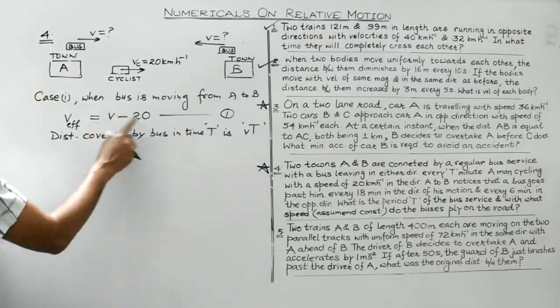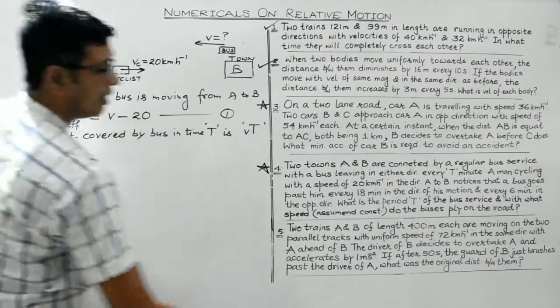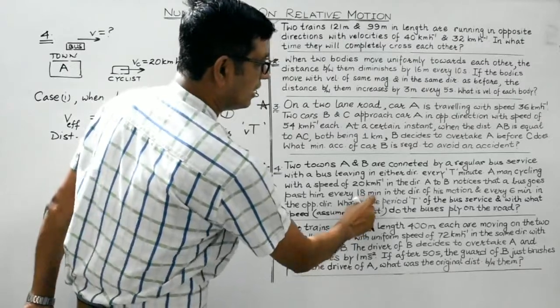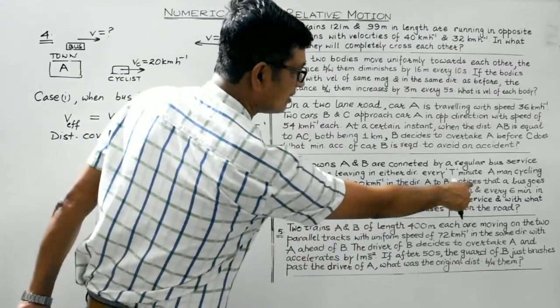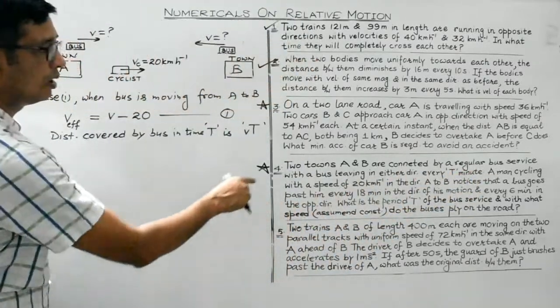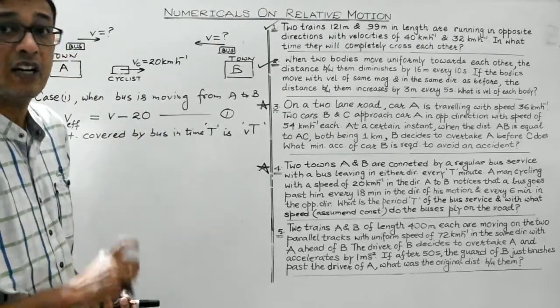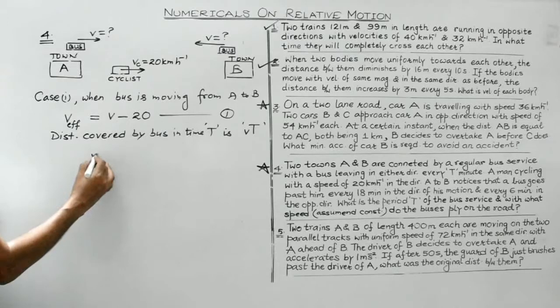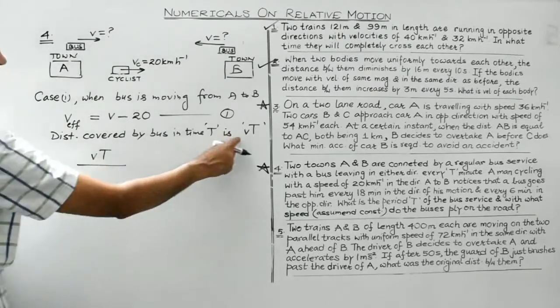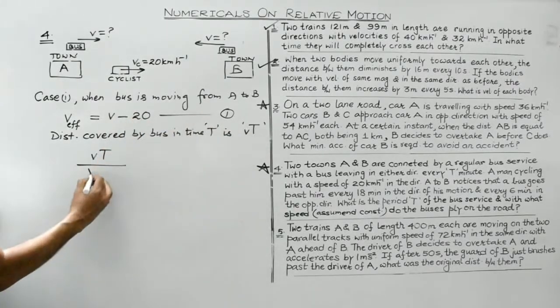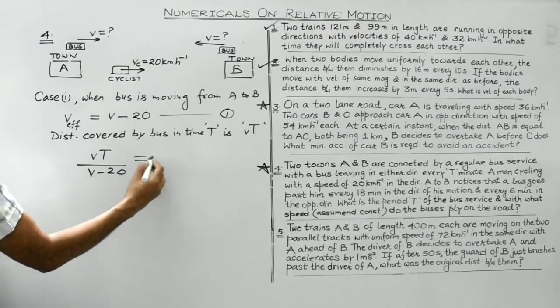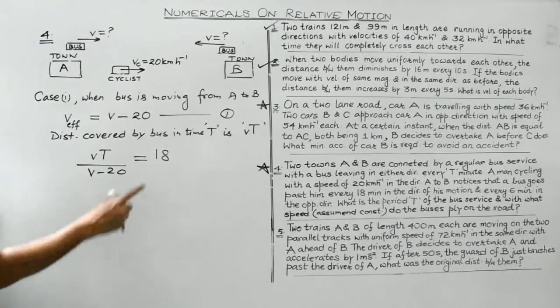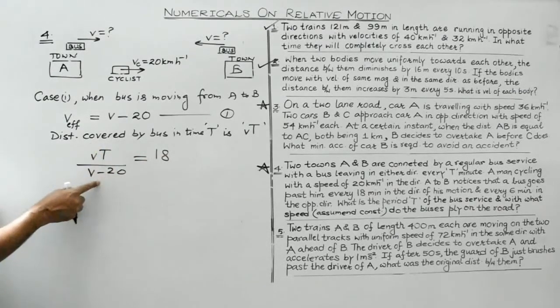Now, if you consider this effective speed, then after every 18 minutes, the cyclist notices a bus go past him, right? So, what would the equation be like? This distance divided by the effective speed, that is V minus 20, will be equal to 18. So this is time, this is distance, and this is the effective speed.